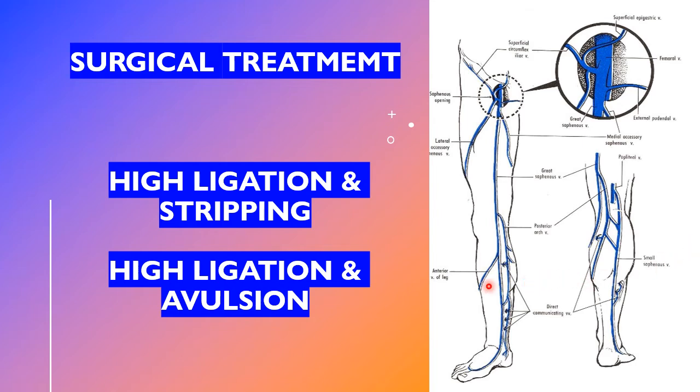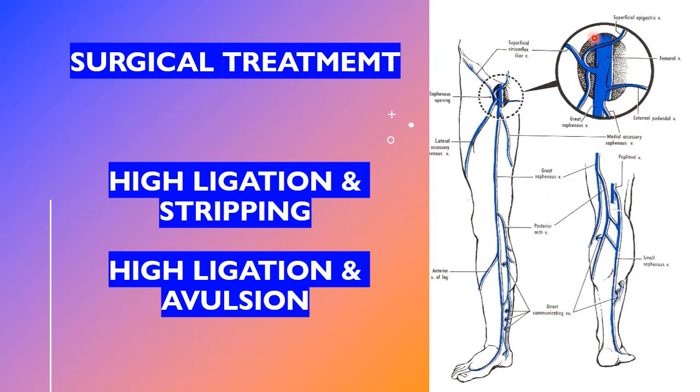Okay, now I'll briefly tell you what high ligation and stripping is all about. This is the leg of the patient, showing you the superficial venous system and the SF junction here. So make an incision in the groin to expose the saphenofemoral junction as shown here and identify the tributaries of this junction, which are the external pudendal vein, superficial epigastric, superficial circumflex, and the medial accessory vein.